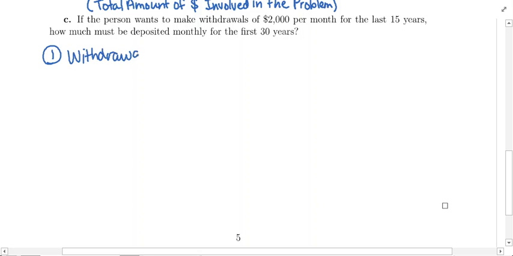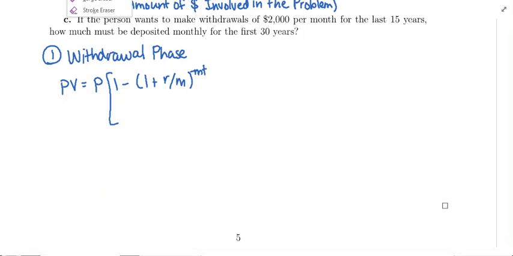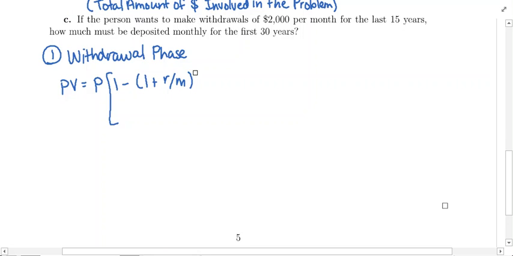During the withdrawal phase, that's when an annuity is being paid out. So we're going to use the present value of an annuity formula here. Make sure your exponent here is negative. I almost forgot the negative sign. All right, so we're using this formula.